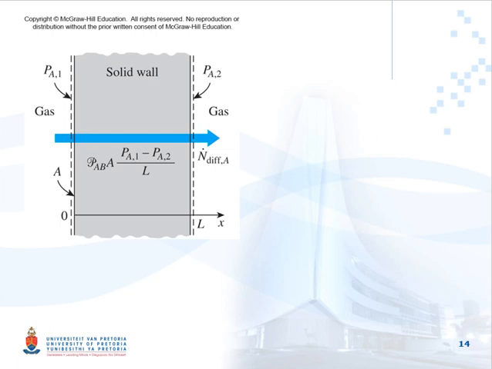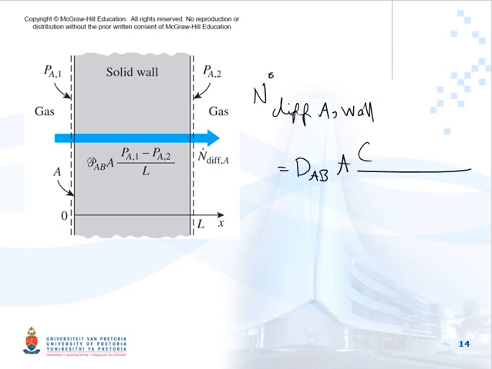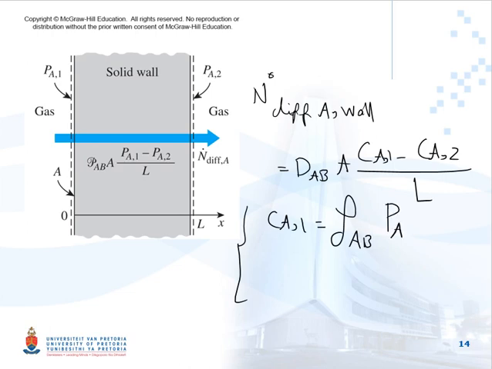We can define it as N dot diffusion A vol equal to D_AB A (C_A1 minus C_A2) divided by L. And if you remember, we also said that C_A1 is equal to S_AB P_A1, the partial pressure of A, and C_A2 is S_AB P_A2.